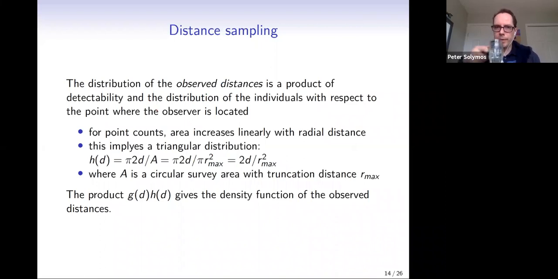So now let's talk about distance sampling. When we look at the distribution of the observed distances, then we need to take into account this detectability, which was captured by the distance function, and also the distribution of these individuals. So their location or distance relative to the observer.